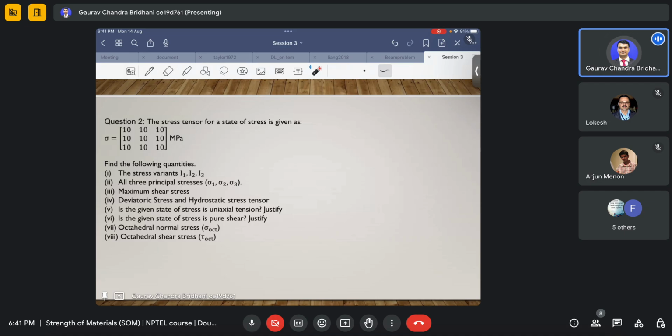So let's see this case. In this question we have a stress tensor for a state of stress as given here. You can see that all the components have the same value, 10.